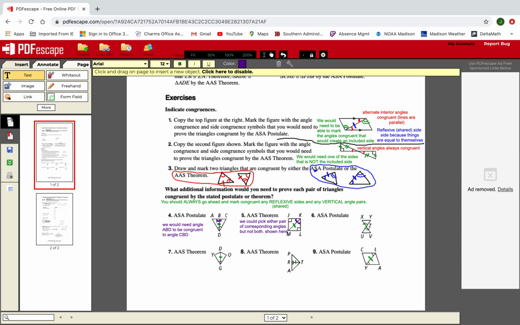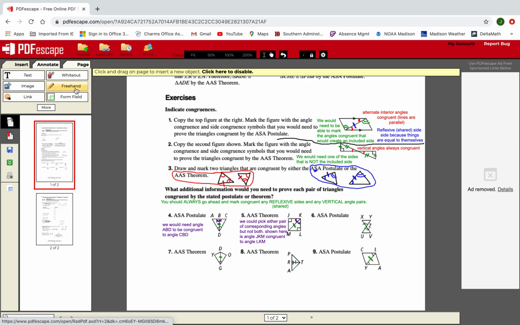Shown here is angle JKM congruent to angle LKM, and that would work.